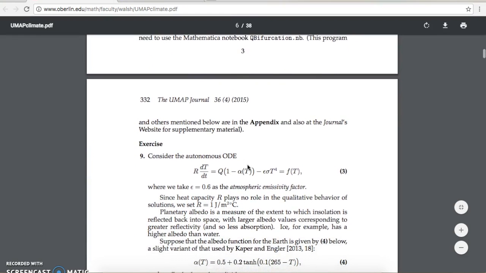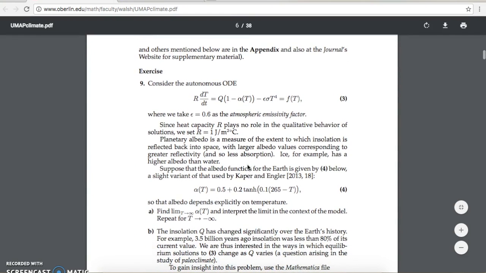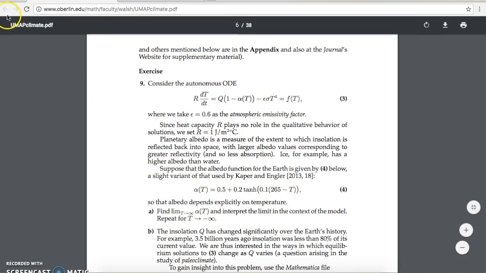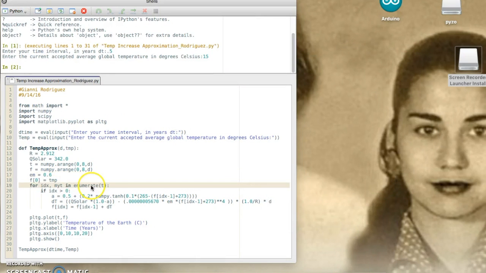So continuing on, I mentioned that Walsh uses a temperature-dependent albedo function here that I actually wanted to include in my basic climate model because it makes it a little bit more complex. So this equation here shows that as the temperatures increase, the reflectivity will decrease. And I've included that equation right here in my loop.